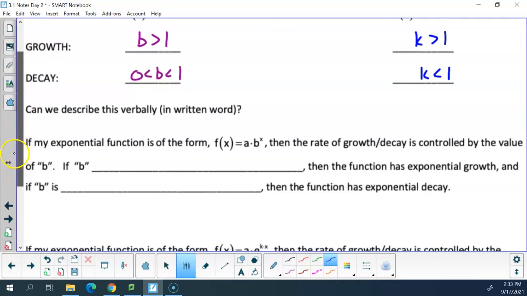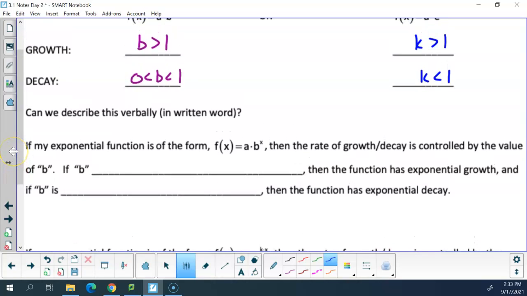If b is greater than 1, then the function has exponential growth.